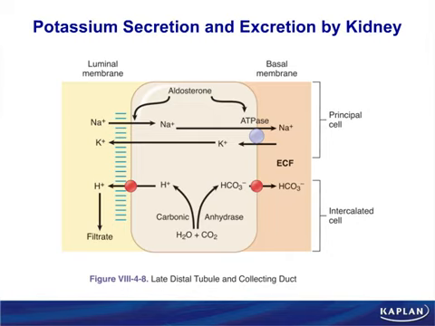Now, one important thing to note is in the setting of hyperkalemia, potassium is still reabsorbed in the early tubules. So in the proximal tubules, you still reabsorb potassium, and in the thick ascending loop of Henle, but then you secrete extra potassium here in the collecting ducts under the action of aldosterone. And this is how the kidneys control potassium in high potassium settings.